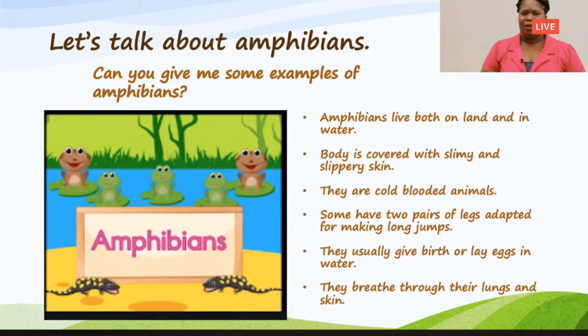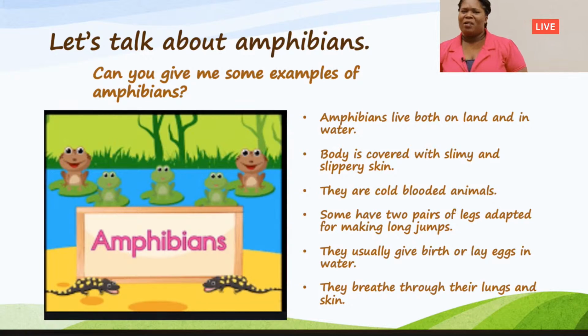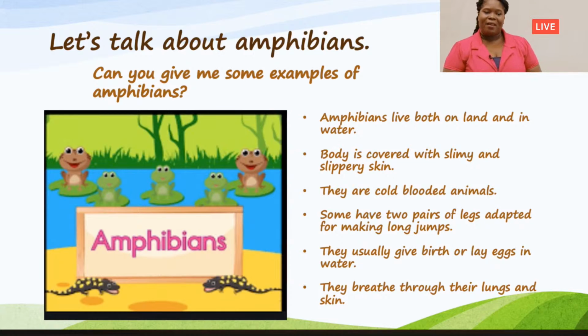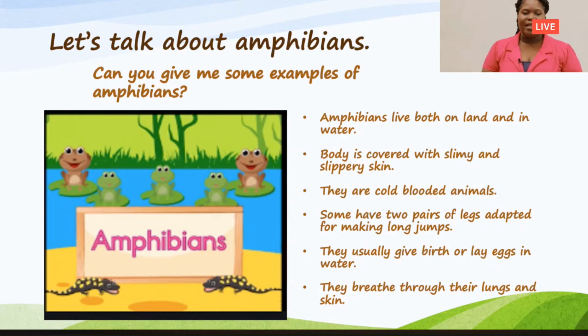Let's talk about amphibians. Now, I don't like reptiles, and I don't like amphibians. They're pretty much scary to me. I'm not sure if they'll be scary to you, but let's find out a little about them. Amphibians live both on land and in water.